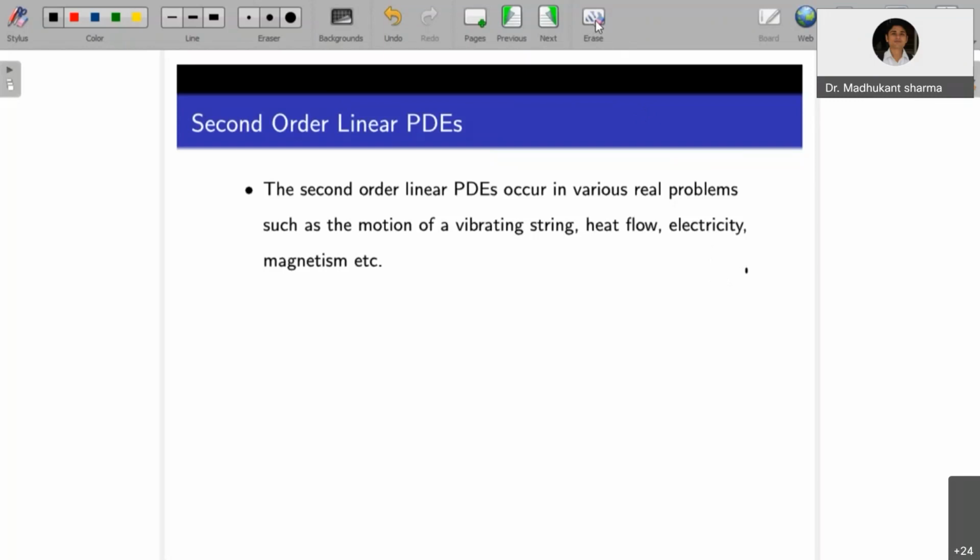Okay. So we can start with second order linear PDEs. While solving them, we will see the Fourier series method. Then we will also see the Fourier transform and its application in solving PDEs, like we have seen for the Laplace transform and ODEs.